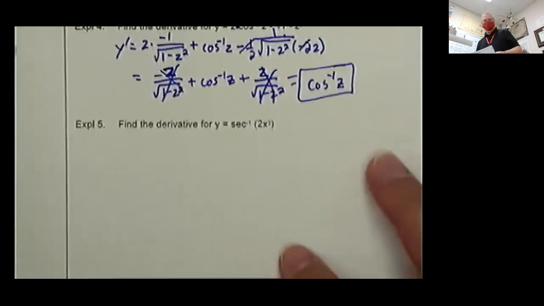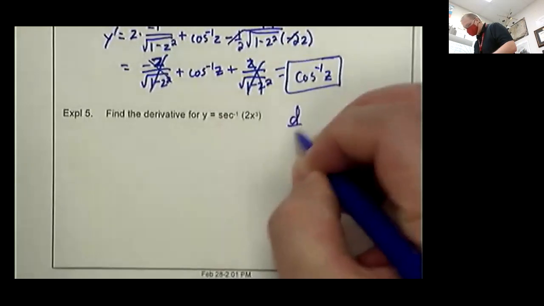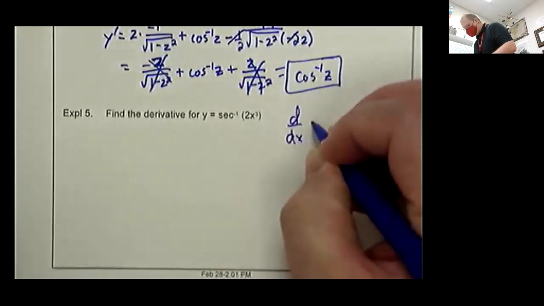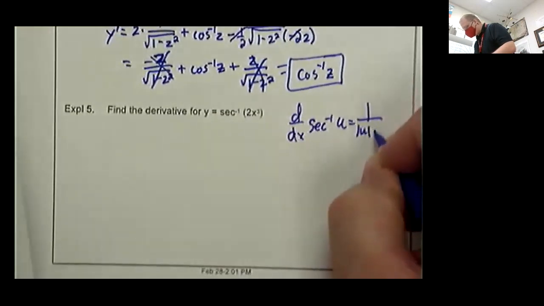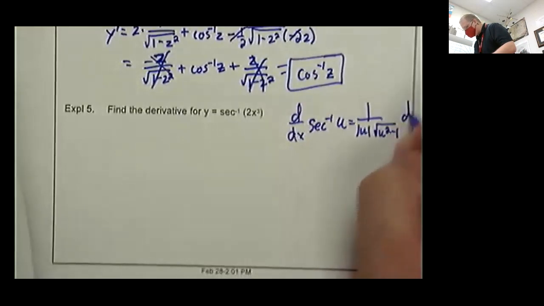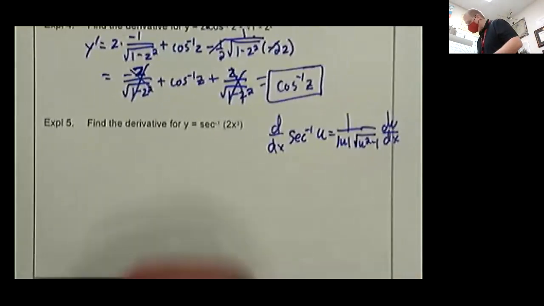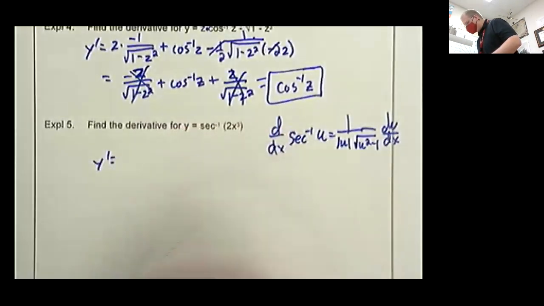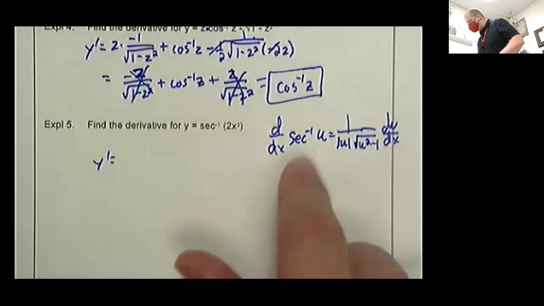And last one, example 5, find the derivative for y equals arc secant of 2x cubed. Let's recall the formula for that. The derivative of arc secant of u is 1 over the absolute value of u, square root u squared minus 1 du dx. And so here we go. So the first derivative is equal to, we don't have anything else to worry about in terms of chain rule or product rule, so we can just plug into our formula.